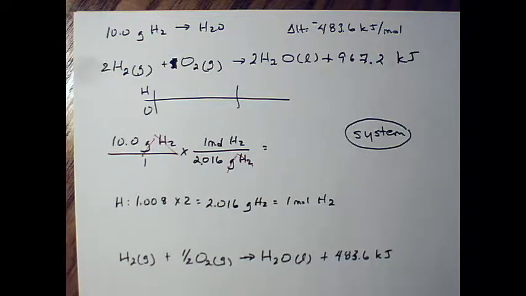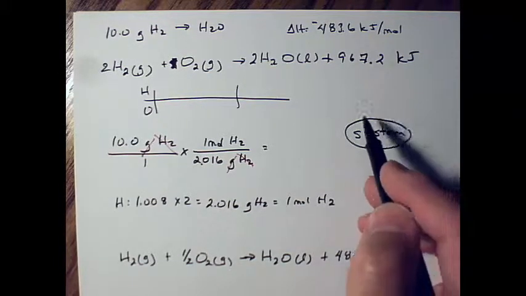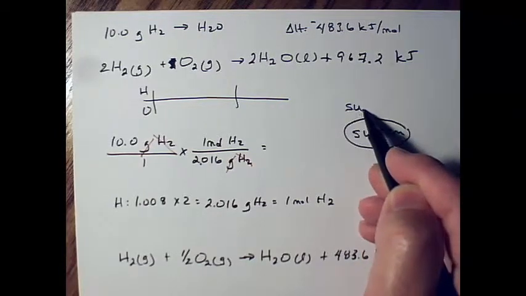Okay, any action between these individual particles. That's the system. If you were running a reaction in water, water is not the system. Water is the surroundings. Okay? It's just the chemicals that are doing the reacting, or the chemicals doing the changing, that are the system. And then anything around that makes up the surroundings.